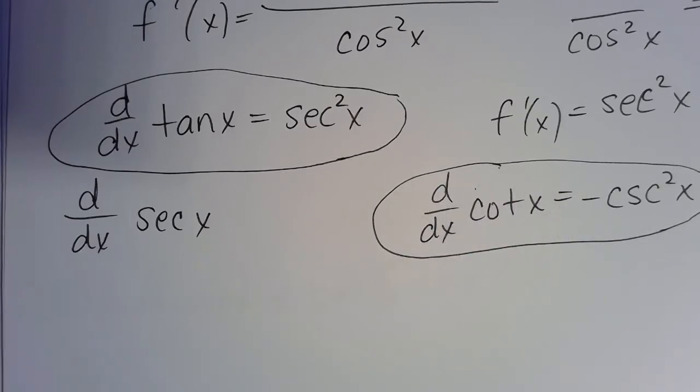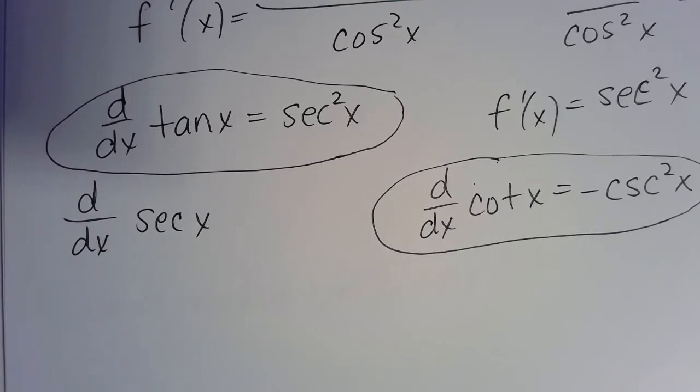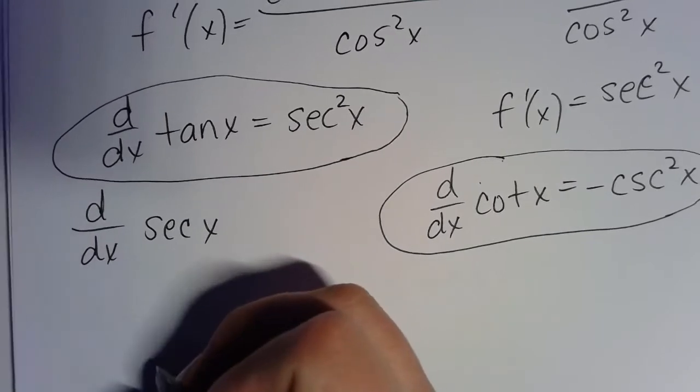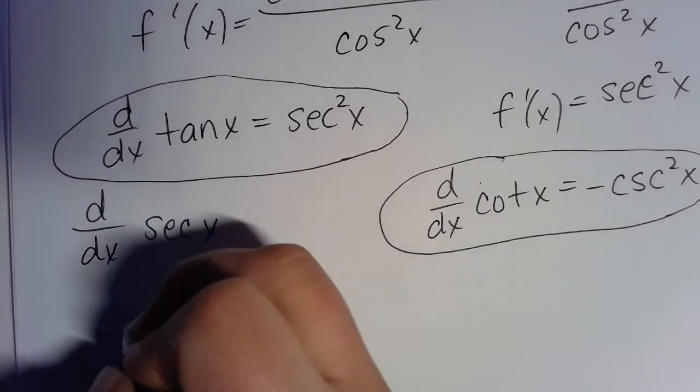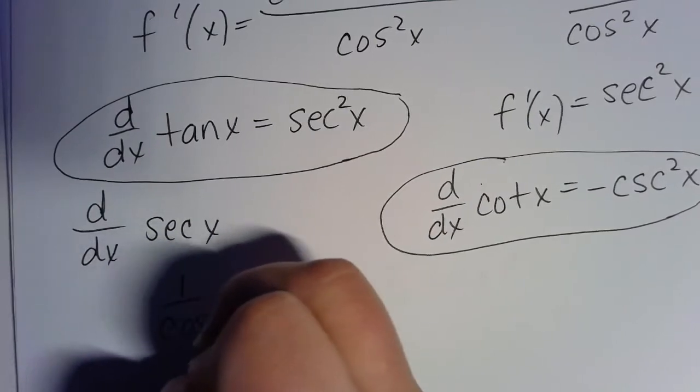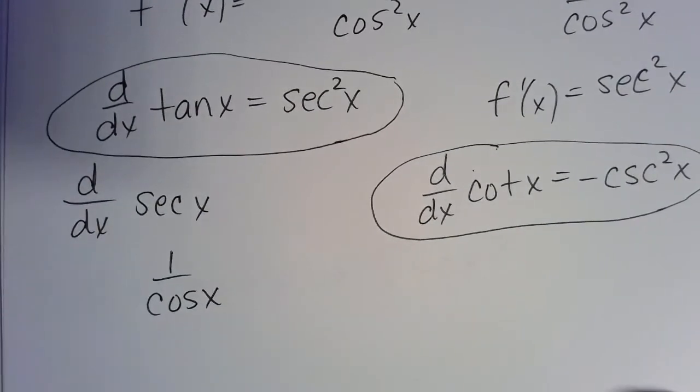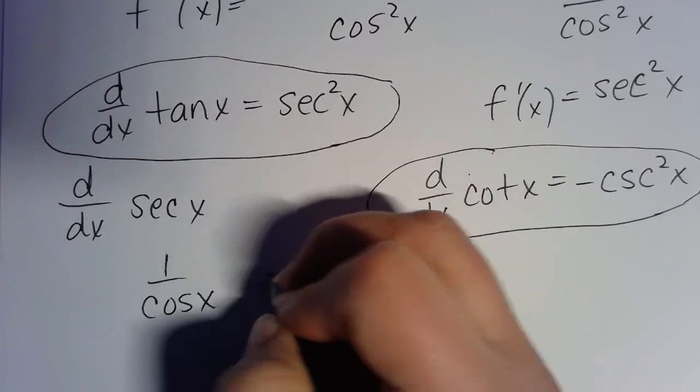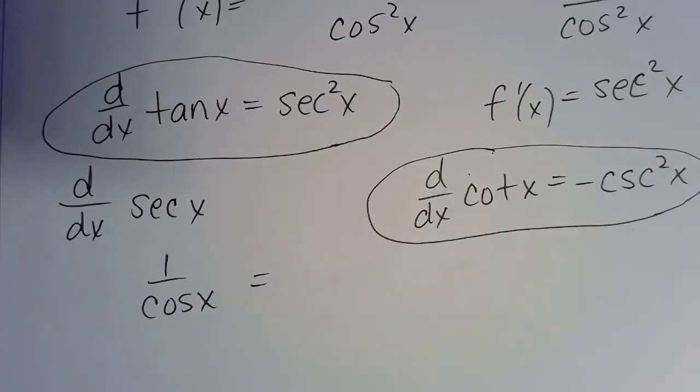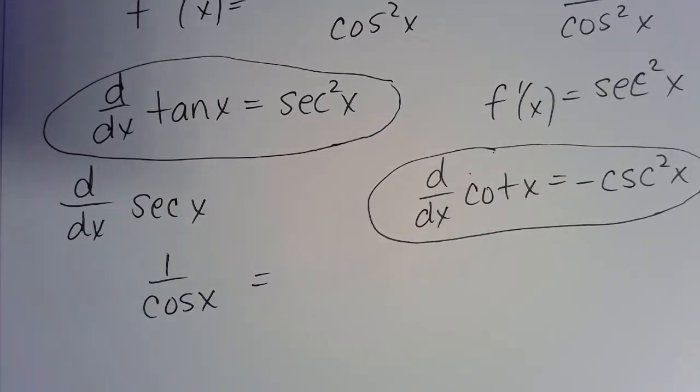Okay. So we're going to do the same thing this time with secant. Secant is really 1 over the cosine of x. Okay, so to do the derivative, I'm going to use, actually, no, I'm not. I'm going to use the quotient rule here, okay?